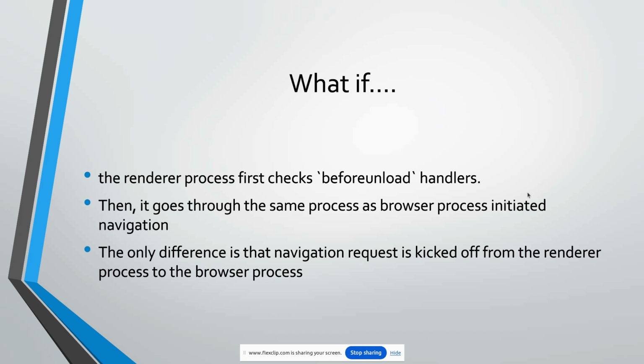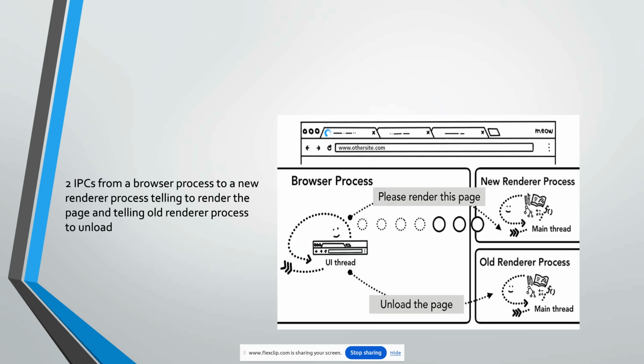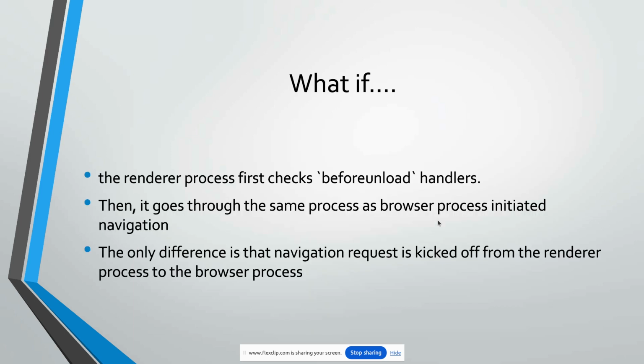But in this case, the render process first checks the beforeunload handler. It is a kind of event handler, and then it goes through the same process as when the browser process initiates the navigation. The only difference is whether the navigation request is kicked off from the render process or the browser process, and in this case it is the render process.